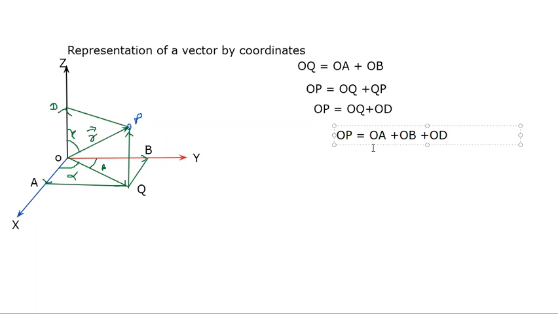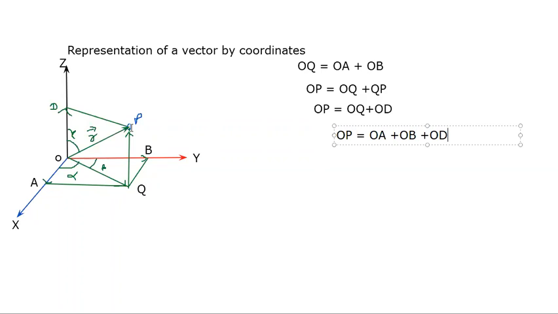So see what you have done. You have broken down a vector, R vector, into three components. In earlier class, you have broken down the vector into two components, right?